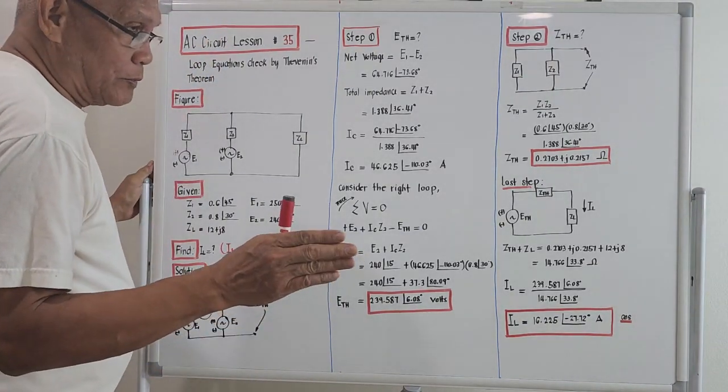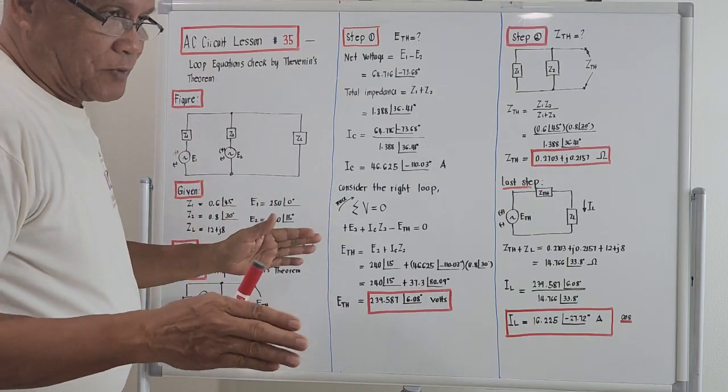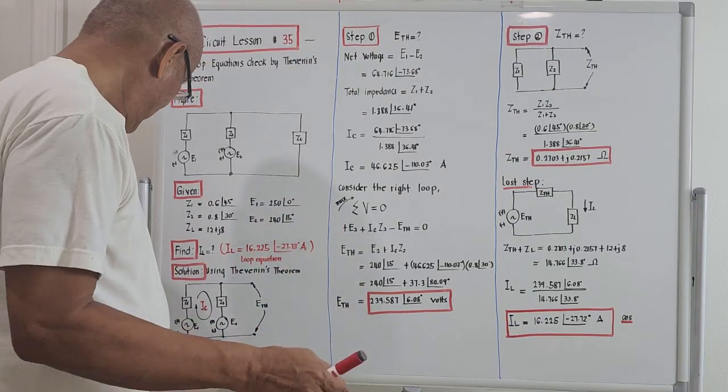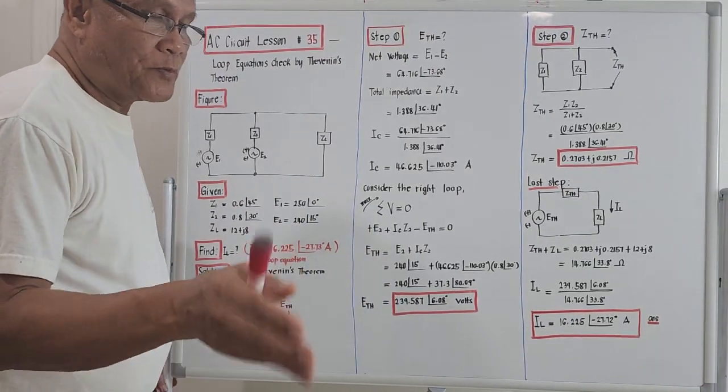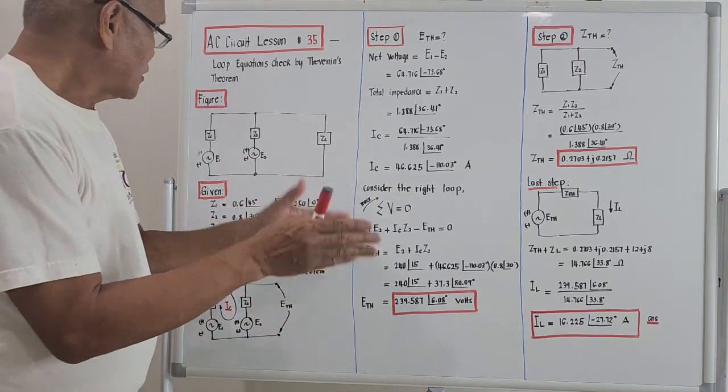Lesson number 34 was actually an application problem, or circuit problem, that was solved by using loop equations. And the configuration of the circuit the last time around was this.